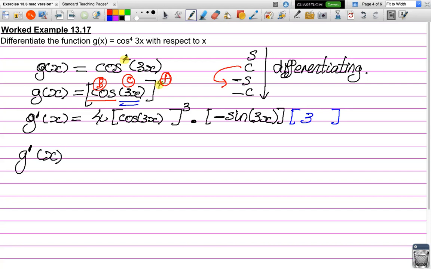A 3 on a minus is minus 3. And then a minus 3 on 4 is equal to minus 12. It's minus 12, open bracket, cos, open bracket, 3x, close bracket, to the power of 3.